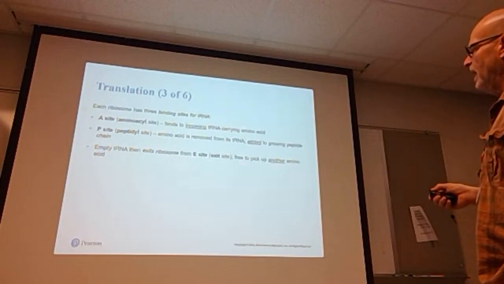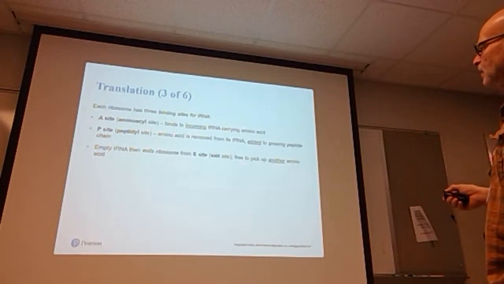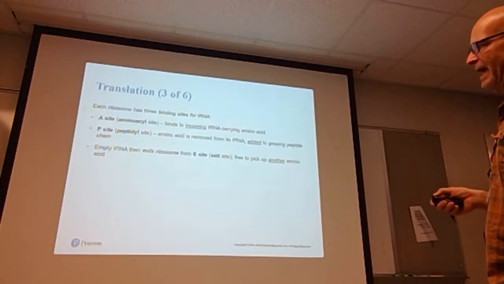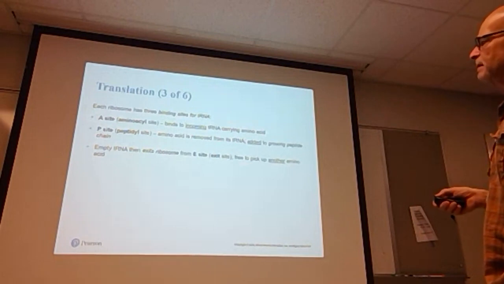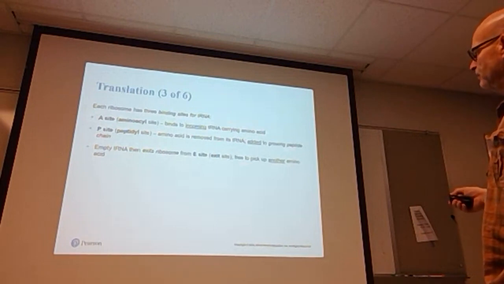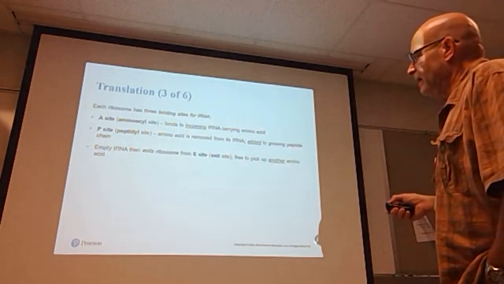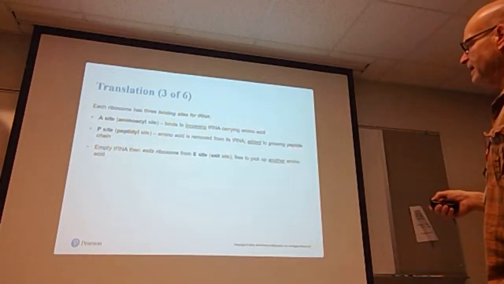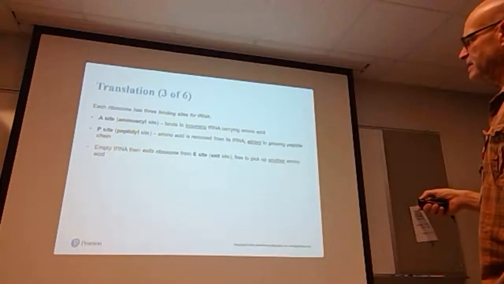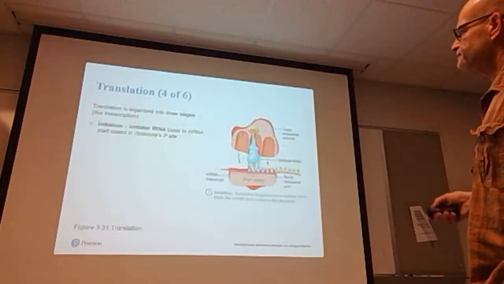So at the A site is the amino acid, at the P site the growing peptide, and at the E site the empty tRNA. You can think of it either as empty or as the exit.